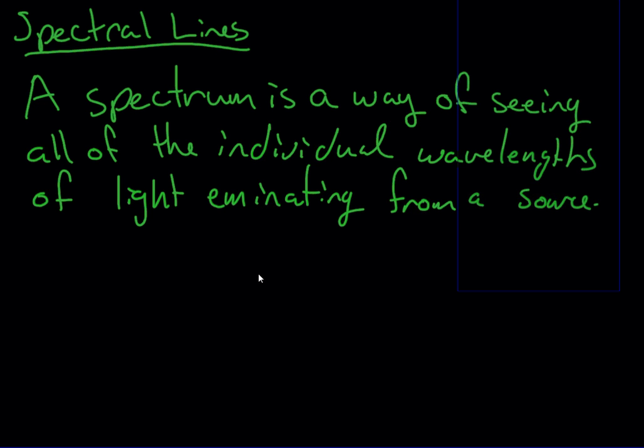So who here has ever seen a prism in action? Have you ever seen a prism? Okay, so a prism, and I have one, and I'll show it to you in a second, is basically just a brick of glass that's shaped like a triangle.